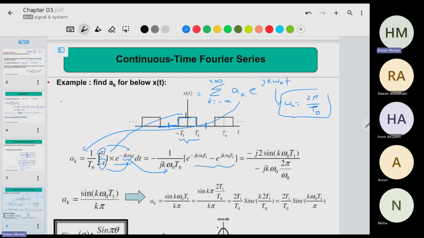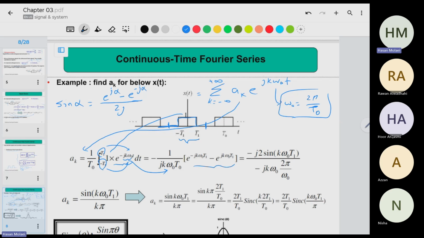Do you remember sine of alpha was related to the exponential function e to the power of j alpha minus e to the power of minus j alpha over 2j? So here I need one minus, yeah.